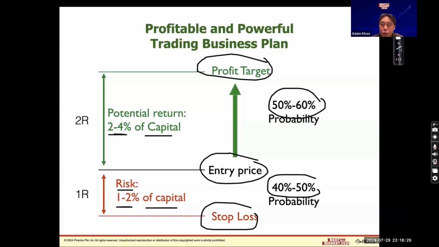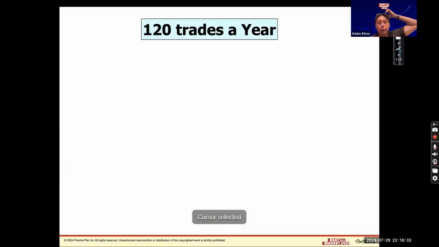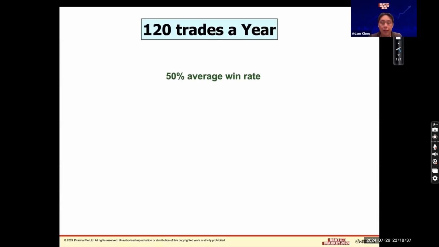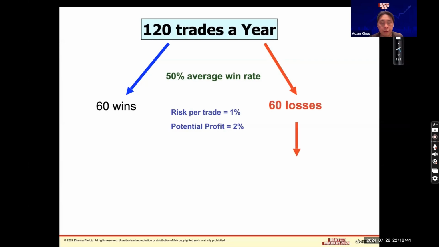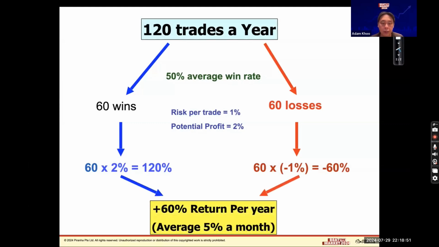Why? Because like I showed you earlier, if you take 120 trades a year at a 50% win rate, each time you lose 1% of your money and each time you win 2% of your money, that is a pretty good return.